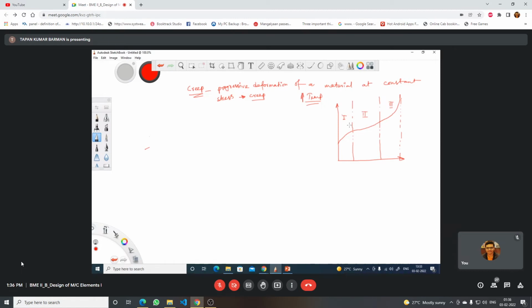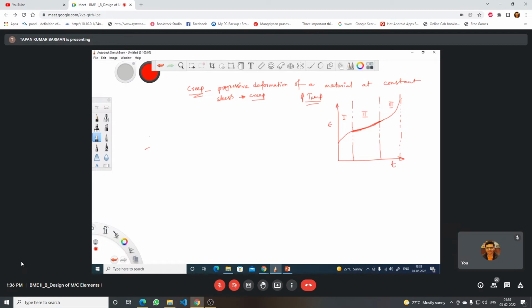Okay. Here, basically what happens, sorry, this should be one continuous line like this. So this is basically creep curve. So there it is basically strain with time.